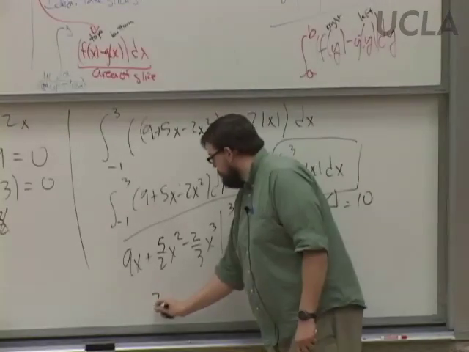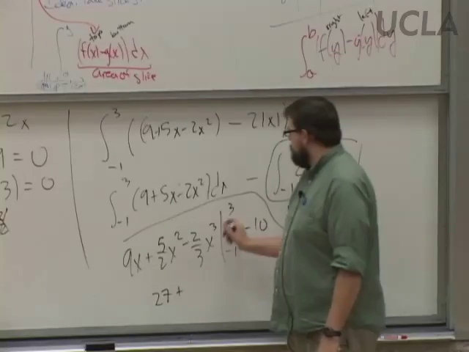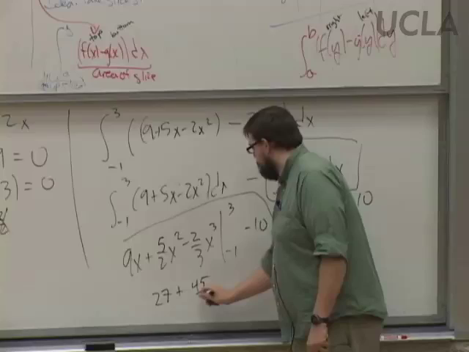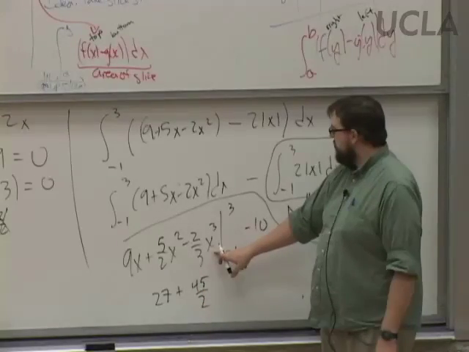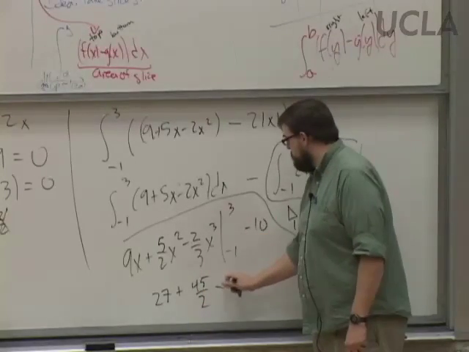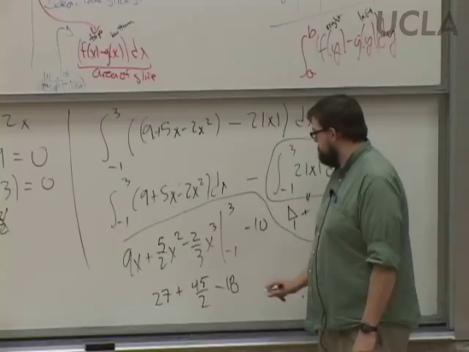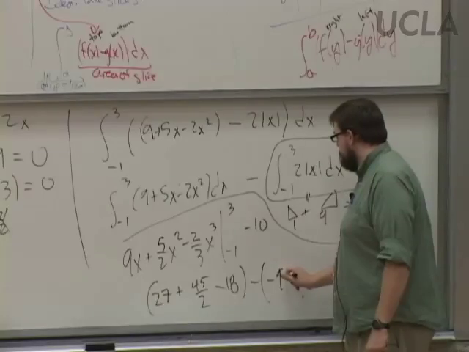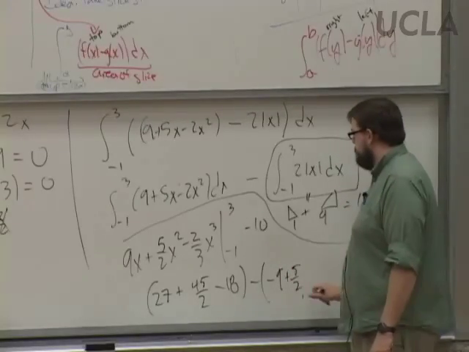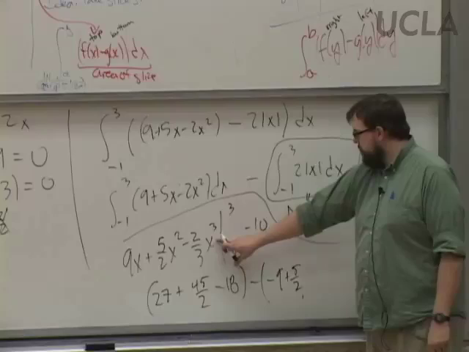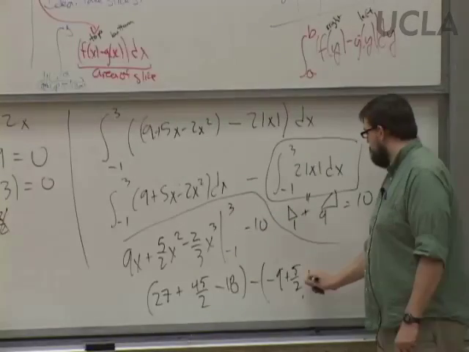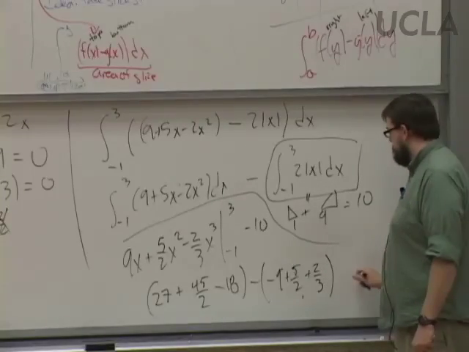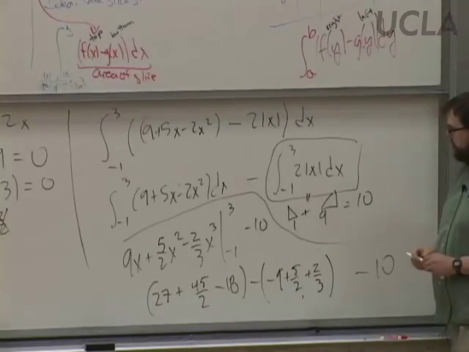So we get 27. 3 squared times 5/2 is 45/2. 3 cubed is 27 times -2/3 is -18. Subtract -9 plus 5/2. The -1 cubed is negative, times -2/3 is plus 2/3. And then all that, subtract 10 on the end.